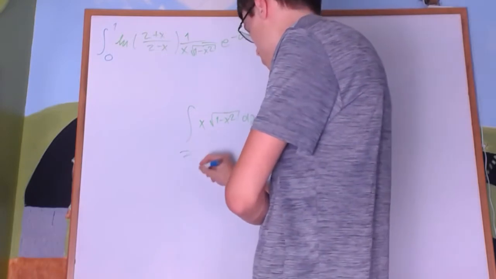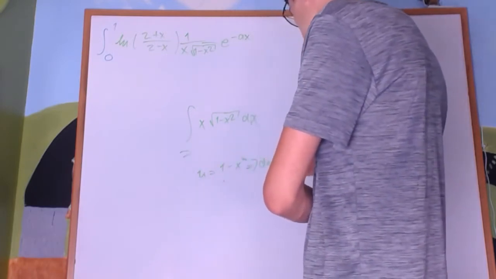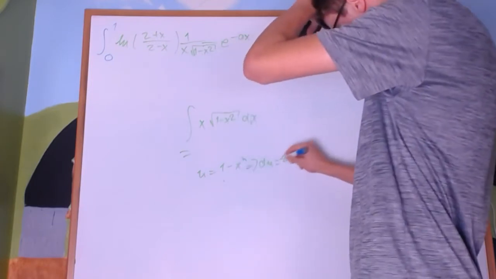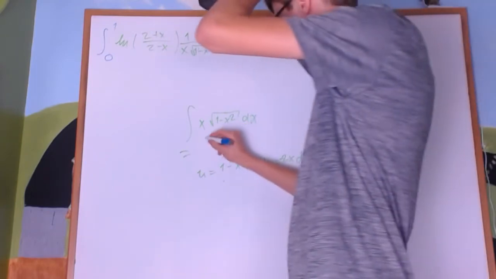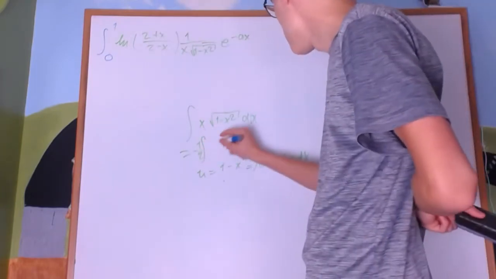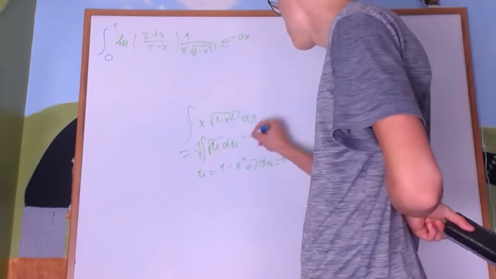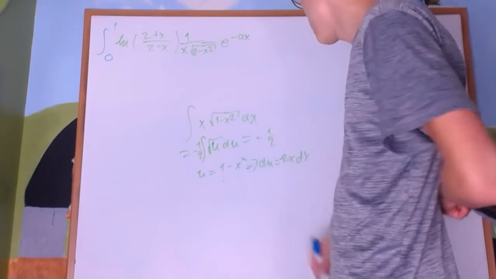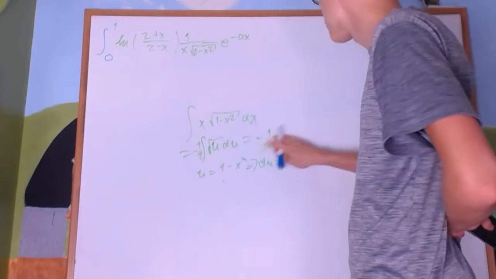So u is 1 minus x squared, means du is minus 2x dx. Negative a half integral square root of u du. You get another... Oh, no, wait. That's u to the 1/2.